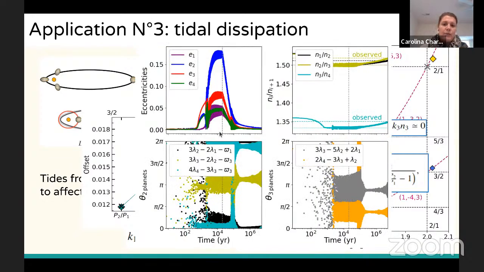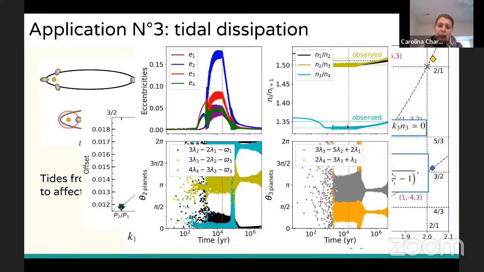And so once again, we perform simulations to see the complete, long-term evolution of the system. We let the system migrate until some time, which is represented by the vertical line. And after this line, we let the system evolve because of the tides of the star, so this process of losing eccentricity.